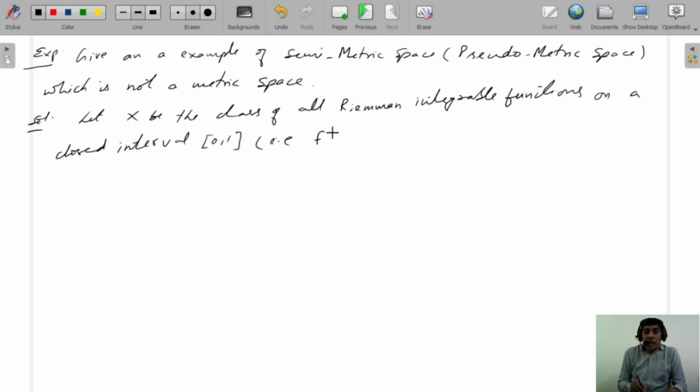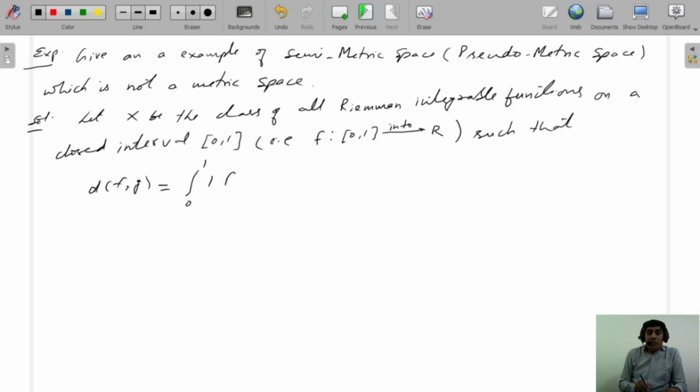That is, f is a function from [0,1] to R, such that d(f,g) is equal to the integral from 0 to 1 of modulus of f(x) minus g(x) dx.